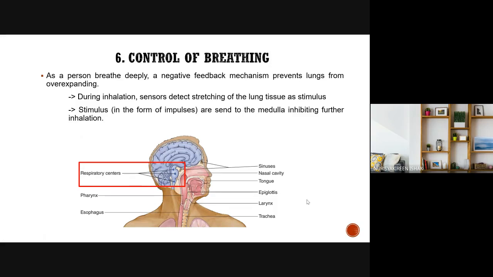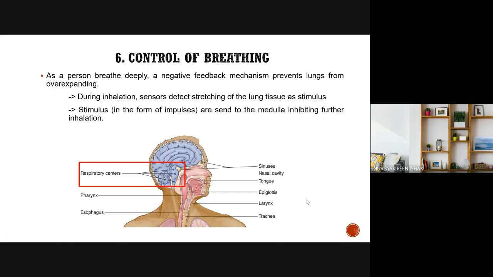So as a person breathes deeply, a negative feedback mechanism prevents the lung from overexpanding. During inhalation, sensors detect stretching of the lung tissue as the stimulus. So impulses are sent to the medulla, inhibiting further inhalation.